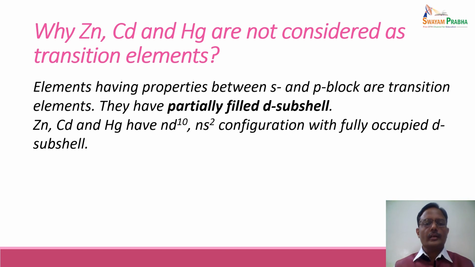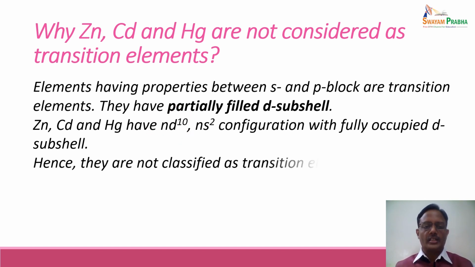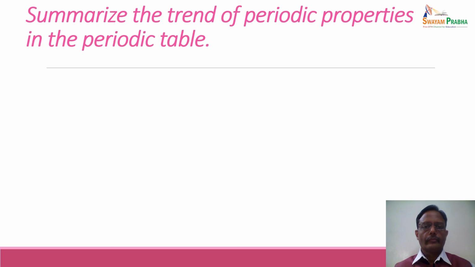But zinc, cadmium and mercury have outer electronic configuration of (n-1)d10 ns2. They have a fully occupied d subshell, and since the d subshells are fully occupied, they are not classified as transition elements, even though they are considered d block elements.